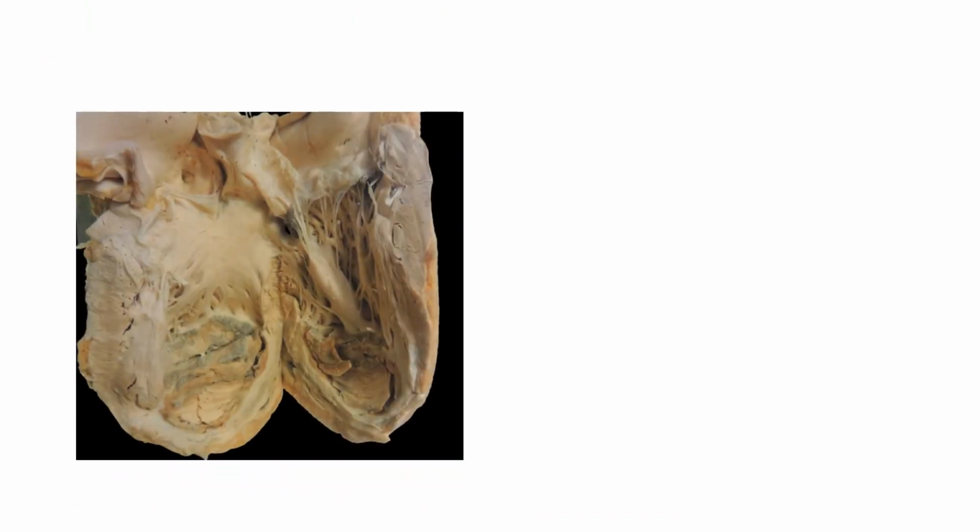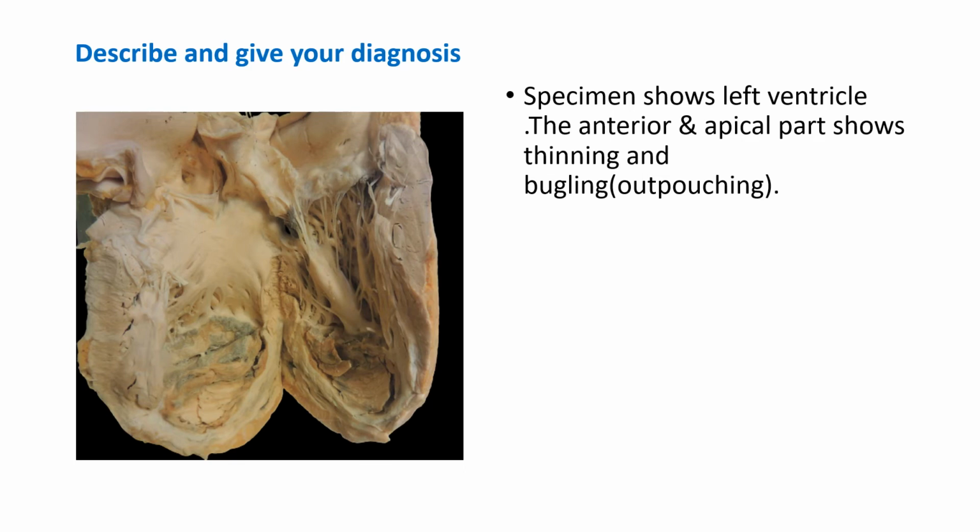This is another specimen, look at it. The specimen is that of the left ventricle, and in the apical part what you see is again fibrosis and thinning of the wall of the apex of the heart.